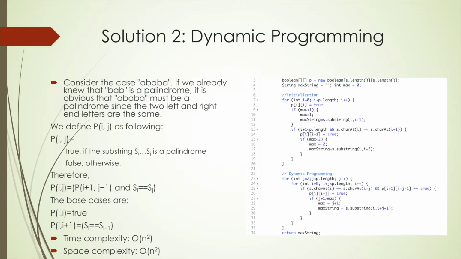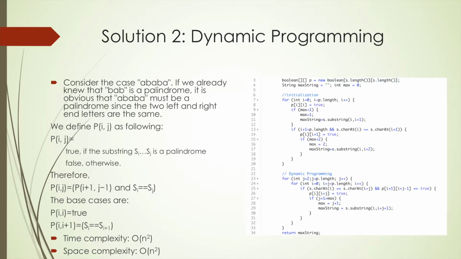Otherwise, it equals false. So using this initialization and this formula, we can write the dynamic programming code. The code will look like the right side, implemented in Java.